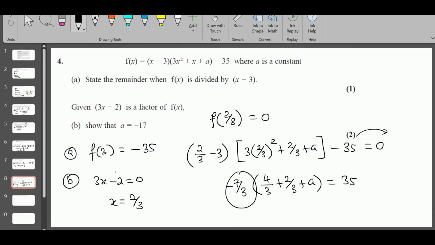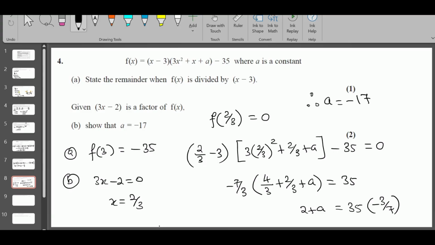So when this number goes to the other side, it becomes 35 times minus the reciprocal of it. Here 6 over 3 is 2. 2 plus a is this. This is basically 5 7s are 35 minus 15. The 2 also comes here, therefore a is equal to minus 70.